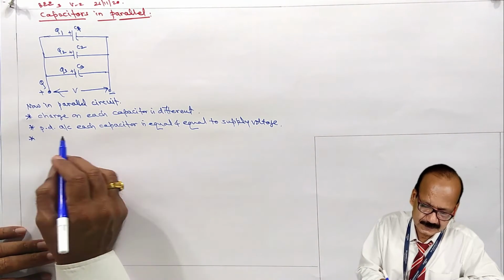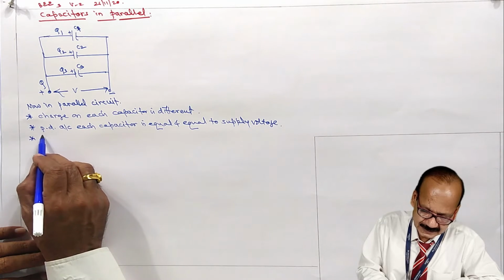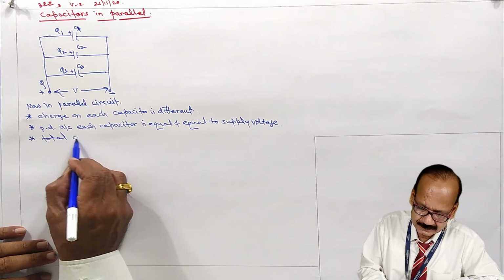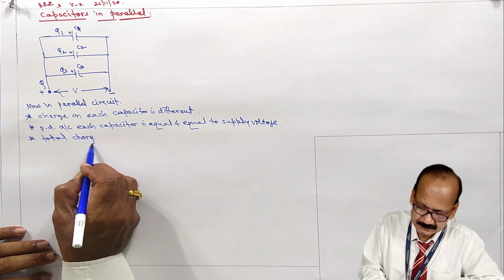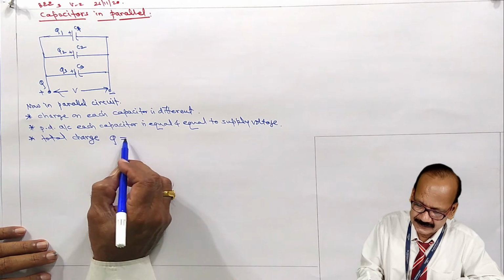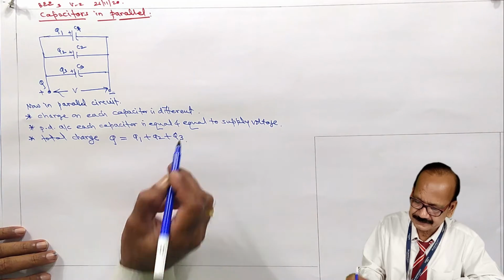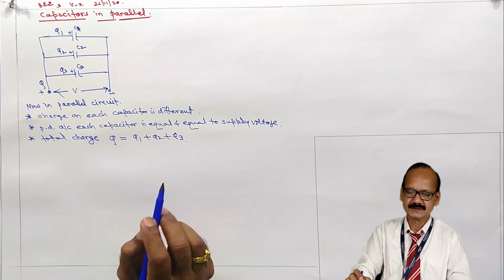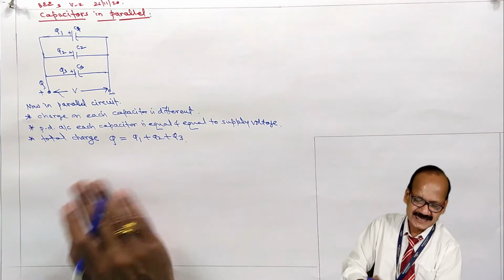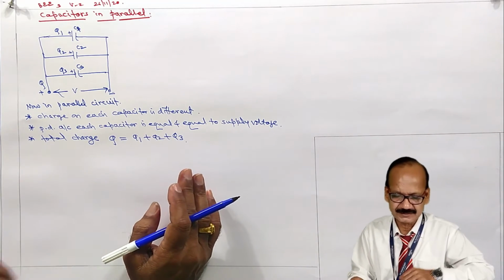Third, total charge Q equal to Q1 plus Q2 plus Q3. These are some salient features of the parallel circuit.